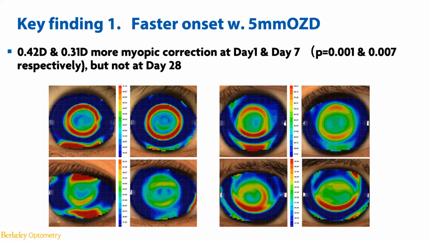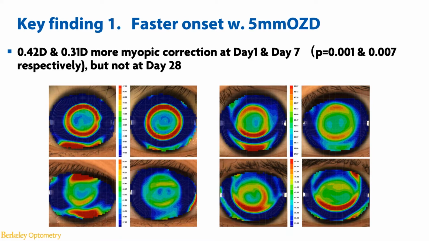And from some of the sample images I'm showing you here, you can see that for the 5 OZ design, on average, they have created 0.42 diopter more myopia correction at day 1 and 0.31 diopter more at day 7. And this is statistically significant. The difference gradually diminished, and at day 28 or 4 weeks follow-up, we're not seeing the difference anymore.